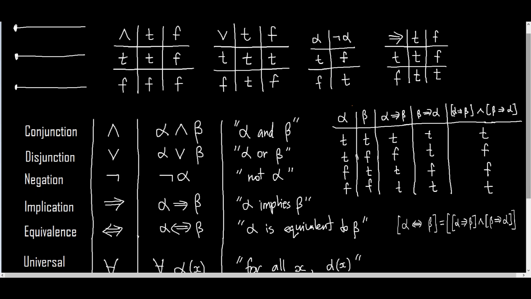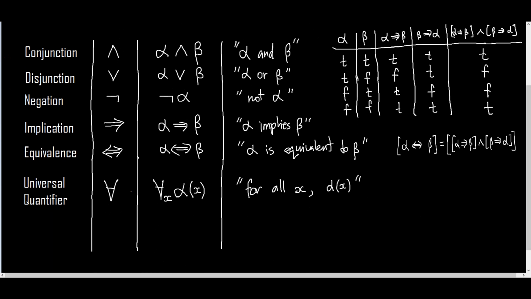So the rules which allow us to move from one line to the next line as a conclusion. And there will be also deduction rules for the universal quantifier. So this is where all the symbols will then come together under a uniform set of rules. And the same applies to the existential quantifier, which is our next symbol.